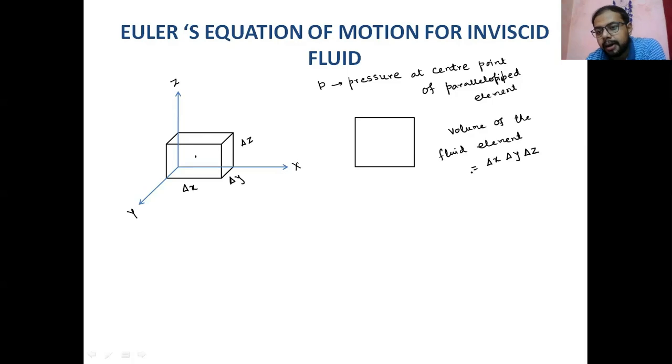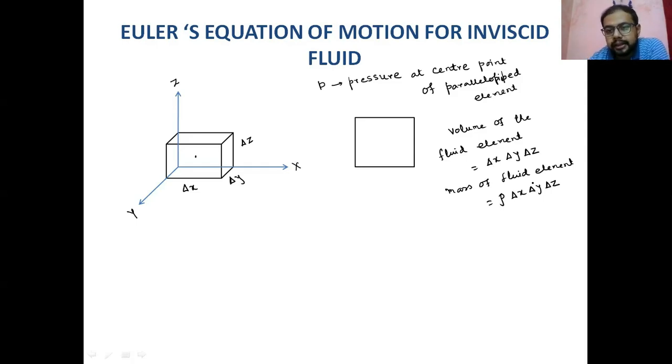And for the mass of the fluid element, similarly, you have to multiply the volume by the density, rho. That is the mass of the fluid element. We just defined that first.